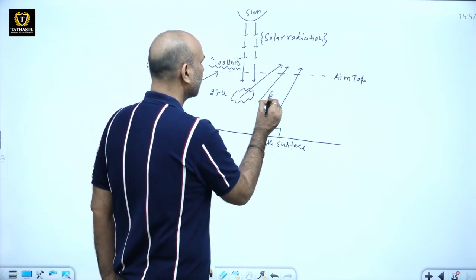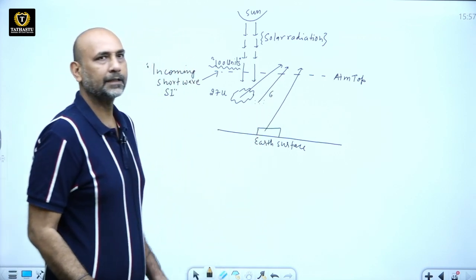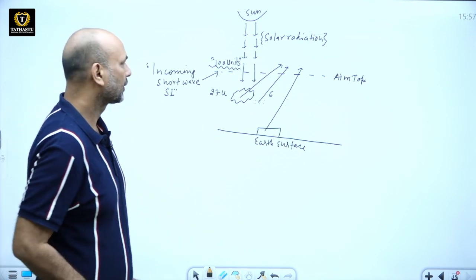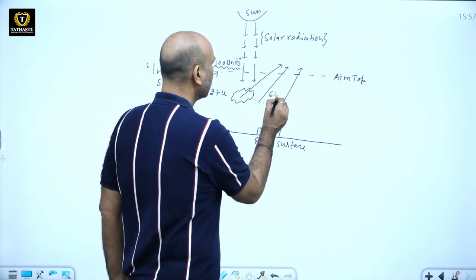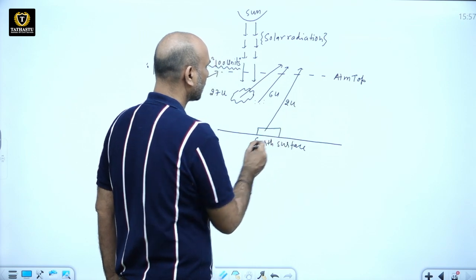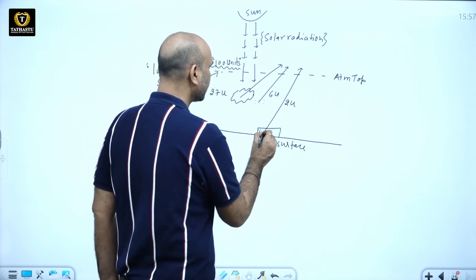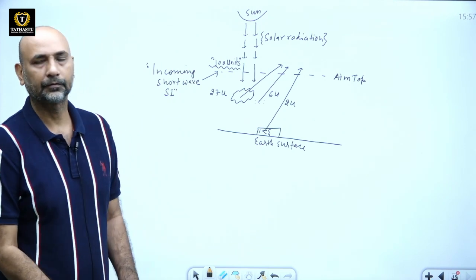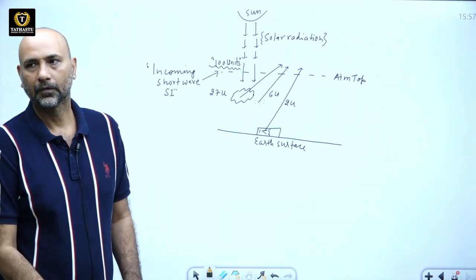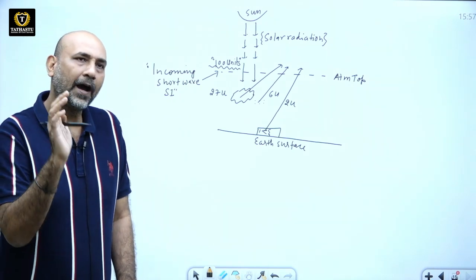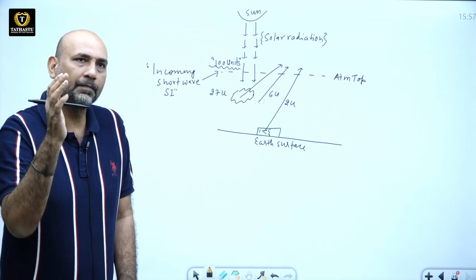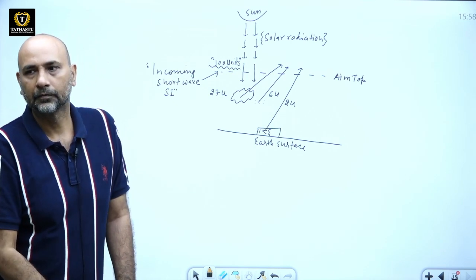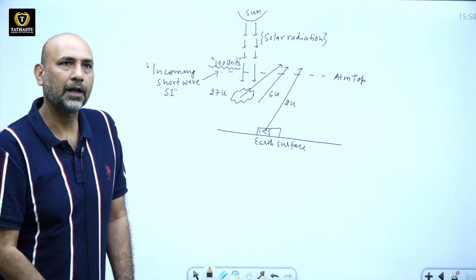6 units by dust particulates and suspended particulates in the atmosphere, and 2 units by ice caps and glaciers on the surface of Earth. Means these 35 units are neither absorbed by the atmosphere nor absorbed by the surface of Earth.